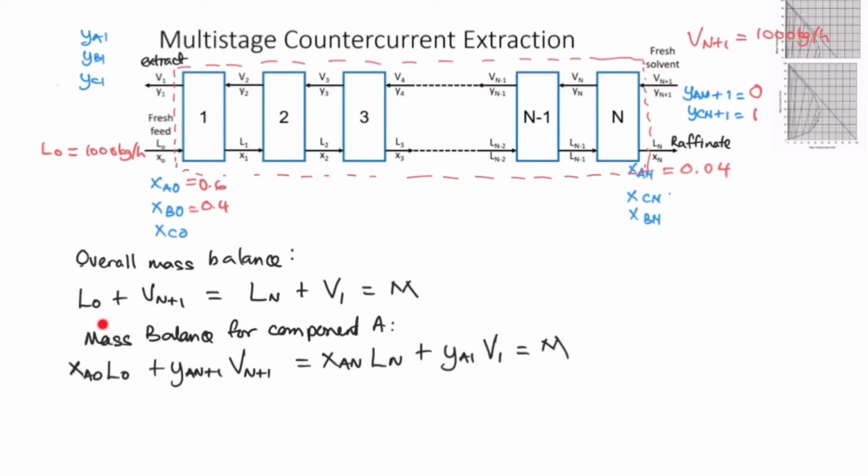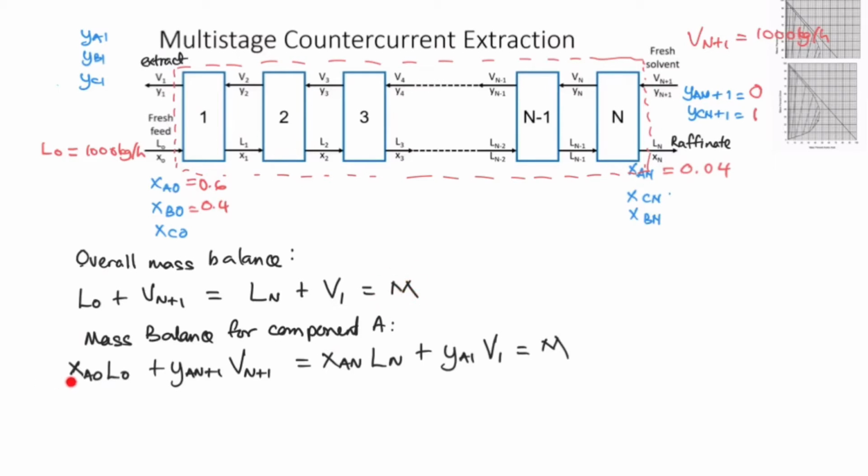First, we just write the overall mass balance, which consists of L0 plus Vn plus 1, which is equal to Ln plus V1. So this part is the total of the inlet, and this one is the total mass for the outlet. And both will give you the total for the mixture.